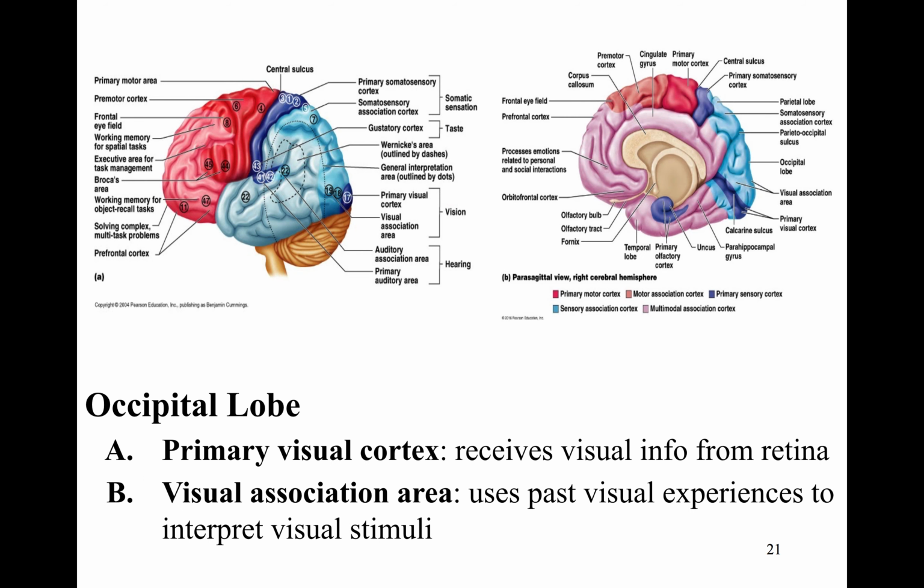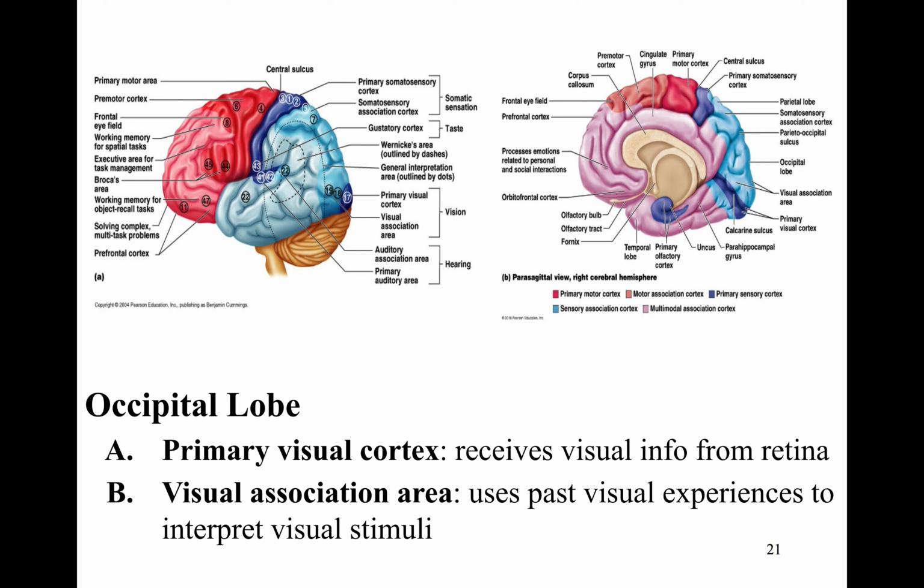On the occipital lobe, we have two different sensory areas: the primary visual cortex and the visual association area. Both of these sensory areas are associated with vision.